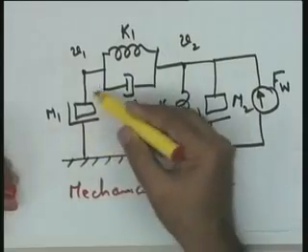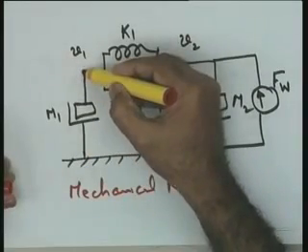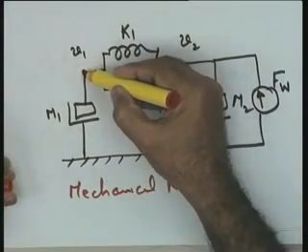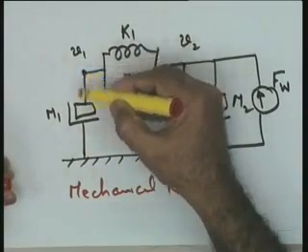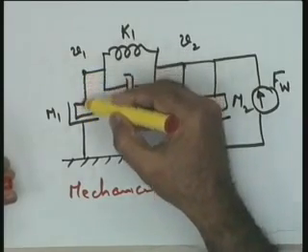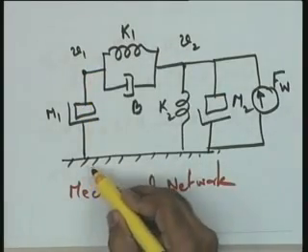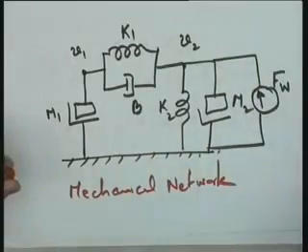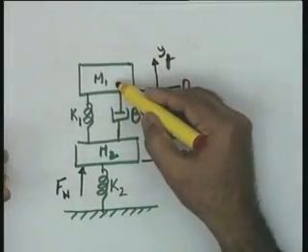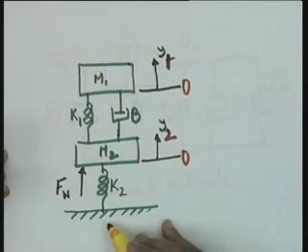Yes, I have taken M1 as a two terminal element, and this is the free terminal. It means this is the node which is the motional variable, and the motion of the mass is with respect to a certain reference which is fixed. So, the velocity of the mass m1 is with respect to the ground terminal, that is the fixed reference.